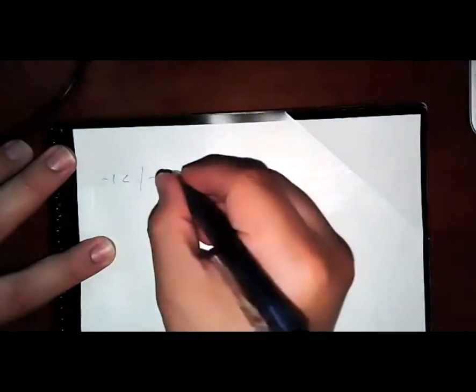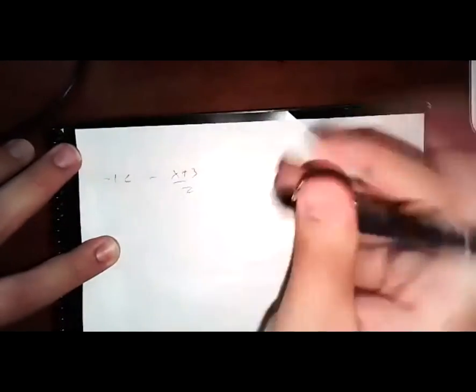So let's continue on the next page. So I have -1 less than negative x plus 3 over 2. I don't have the absolute value anymore.